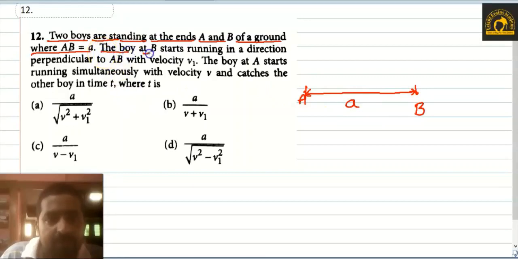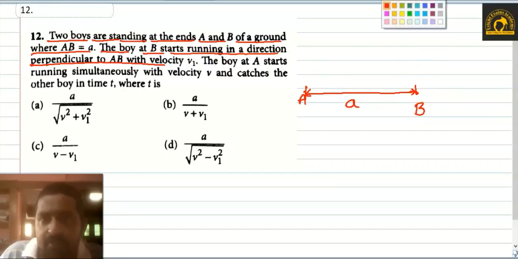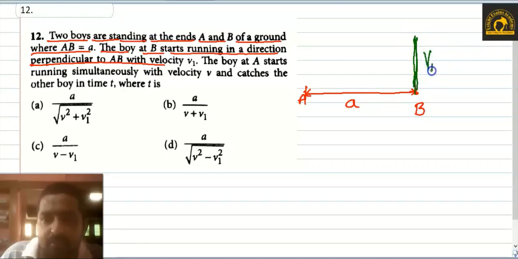The boy at B starts running in the direction perpendicular to AB with velocity v1.